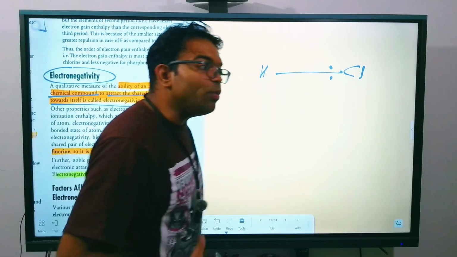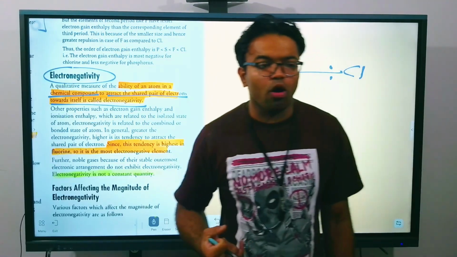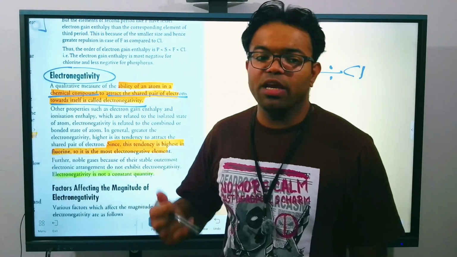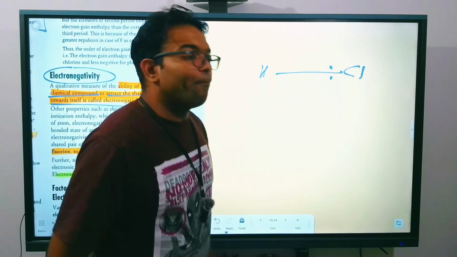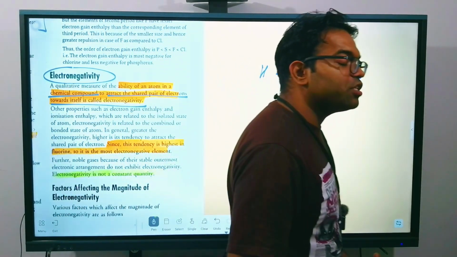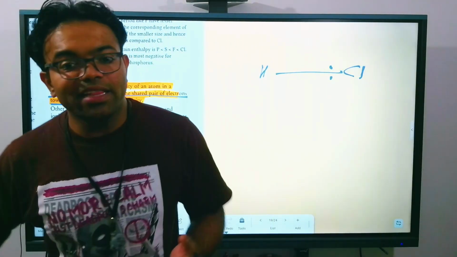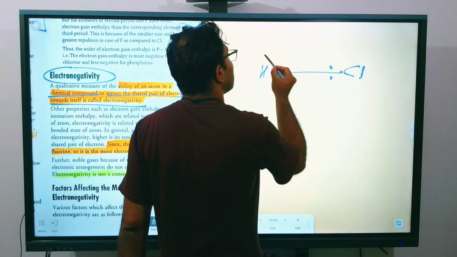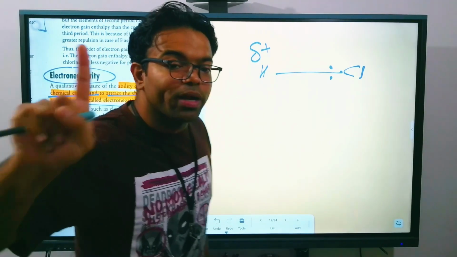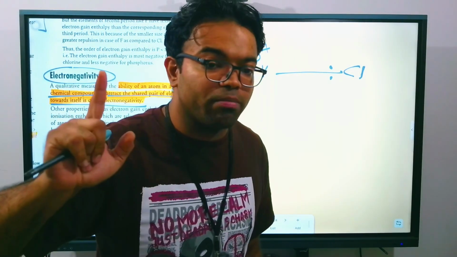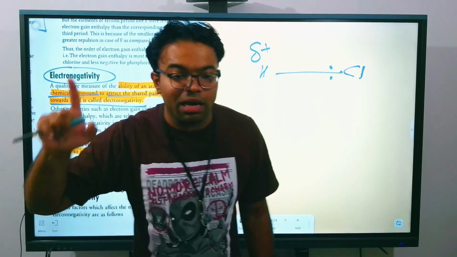Now, even though the covalent bond is being formed between a hydrogen and a chlorine atom, because of the selfish act that chlorine is doing in this situation, hydrogen attains a slight positive charge. It is not a plus one positive charge, that is what you need to remember, as in the case of ionic compounds.